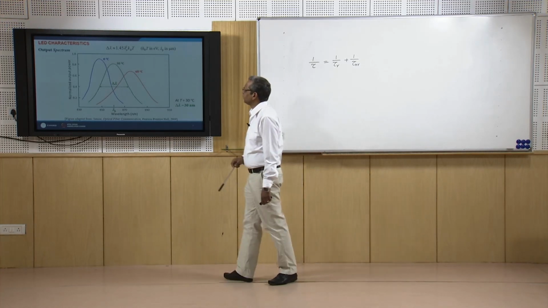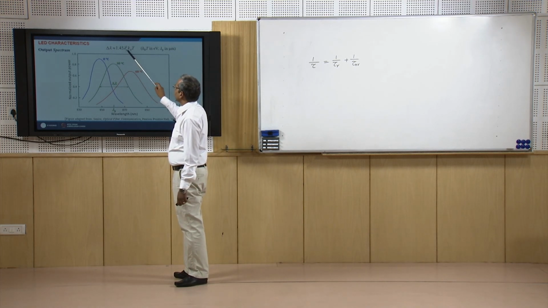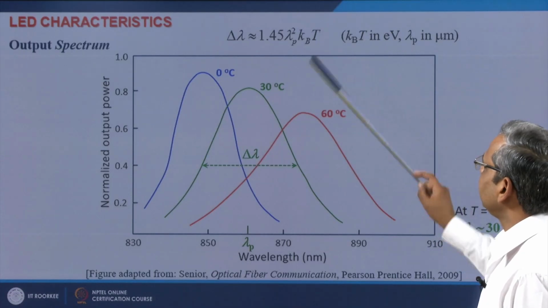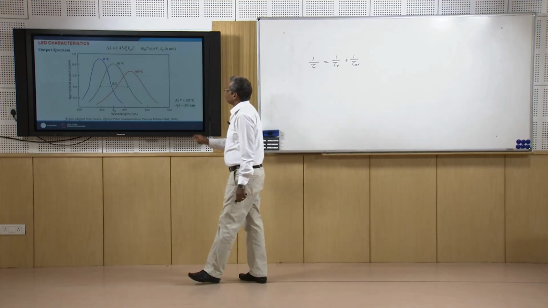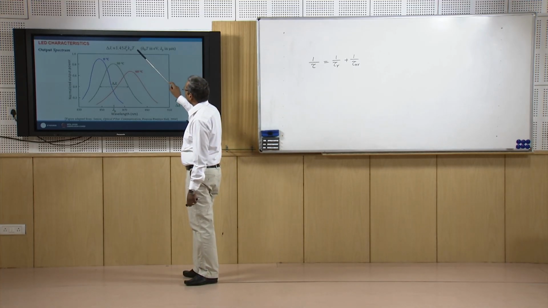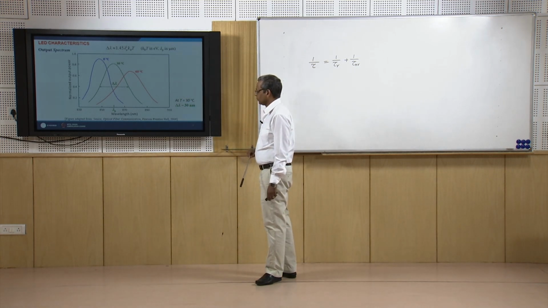This spectral width is typically given by 1.45 times lambda p square times kB T, where lambda p is the peak wavelength where the peak occurs, kB is the Boltzmann constant, and T is the absolute temperature. And this formula is valid when kB T is used in electron volts and lambda p is in micrometer.